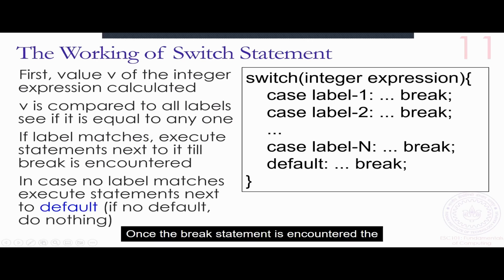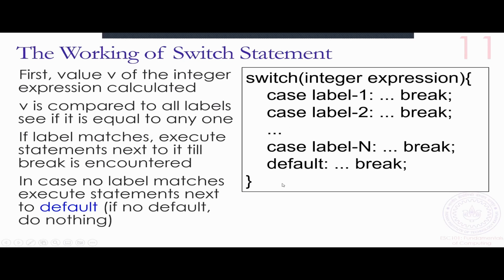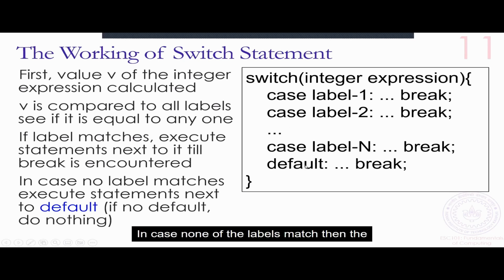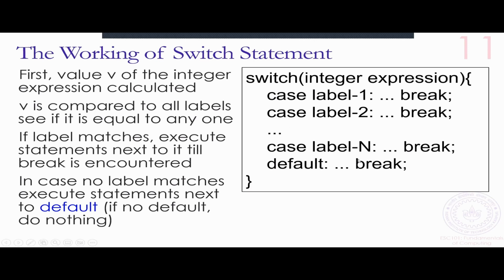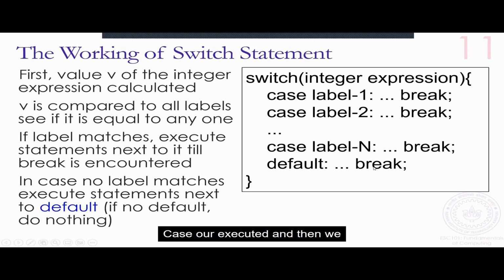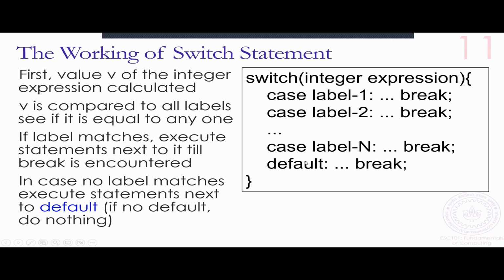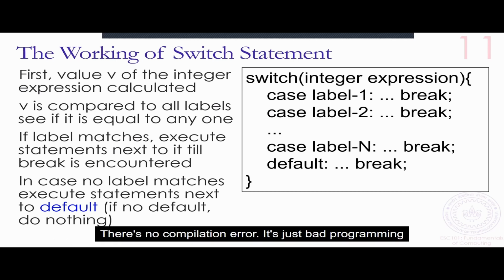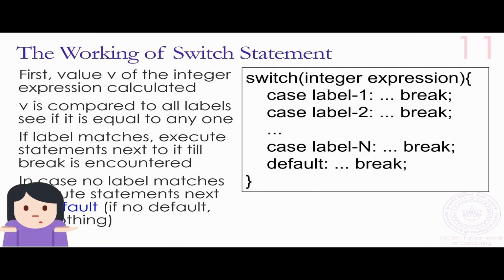Once the break statement is encountered, the execution breaks out of the switch. In case none of the labels match, then the statements next to the default case are executed and then we break. If there's no default within switch, there's no compilation error. It's just bad programming practice because then the whole block may end up doing nothing in some situations and you won't know what happened.